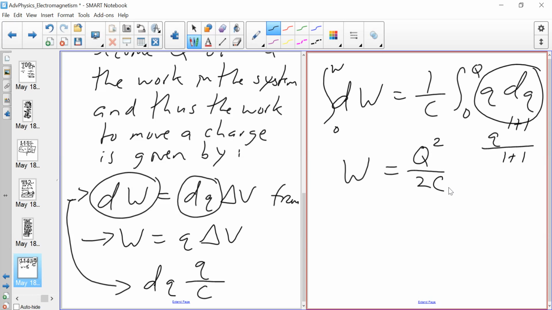So the work done on the entire system for all of the dQs to make Q is going to be given by this expression, Q squared over 2C.